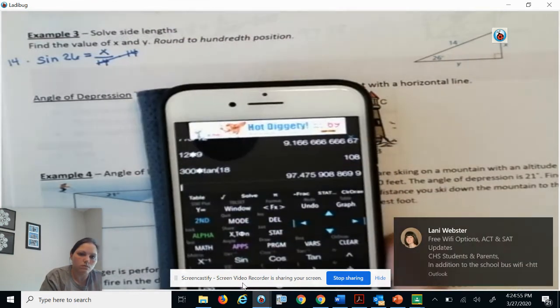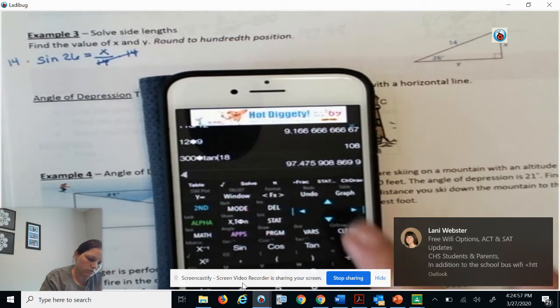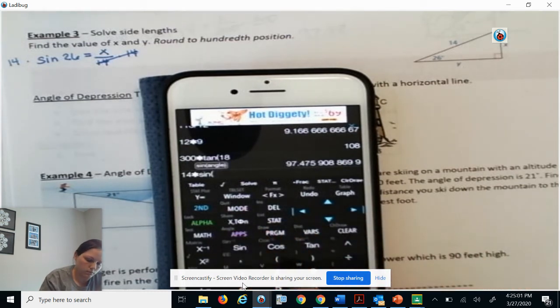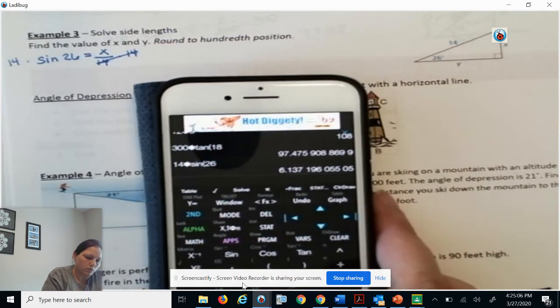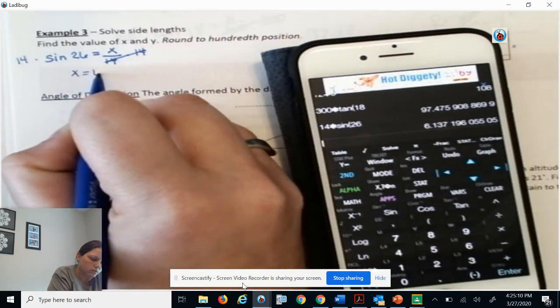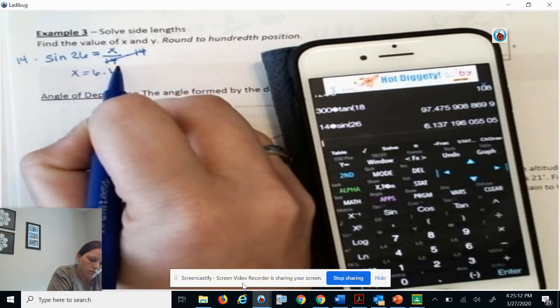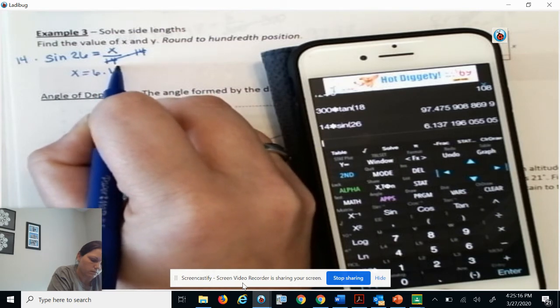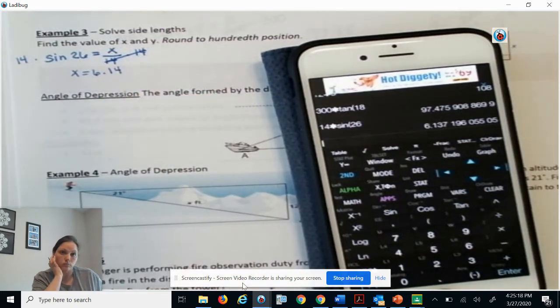So we do 14 times sine 26, and we get 6.137. So that would round to 6.14.